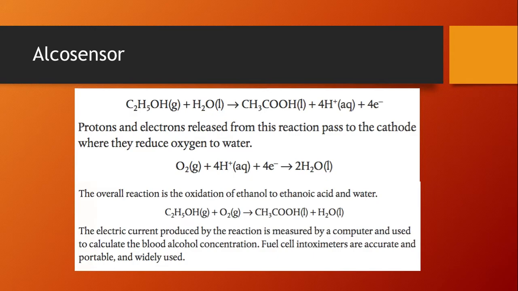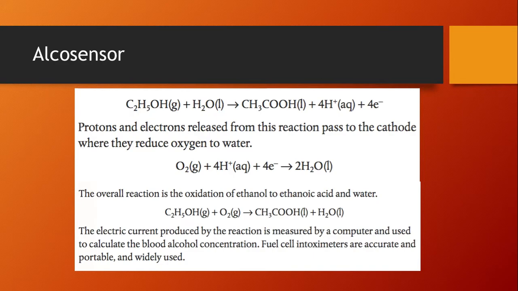So protons and electrons released from this reaction pass to the cathode where they reduce oxygen to water, okay, which we can see in that middle equation. The overall reaction is the oxidation of ethanol to ethanoic acid and water. So the electric current produced by the reaction is measured by a computer and used to calculate the BAC.